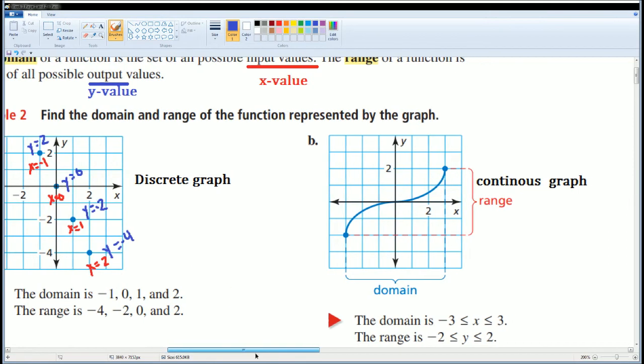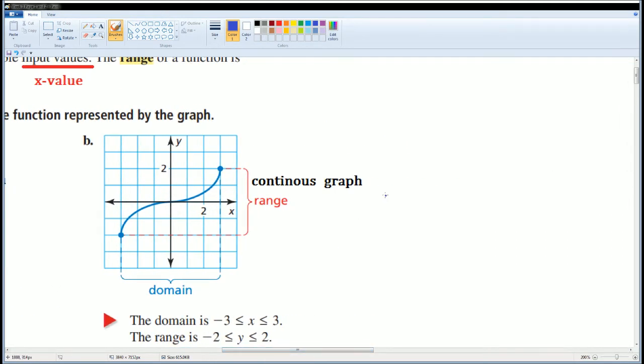But here, this is a continuous graph. Notice it starts from this point. The x value here is, sorry, that's not -2, that is x equals -3. The y is -2 here.